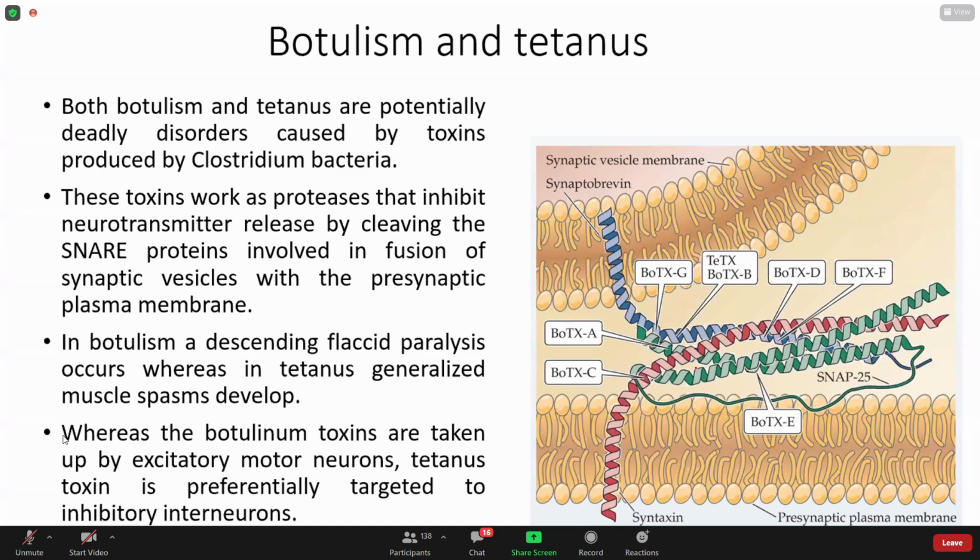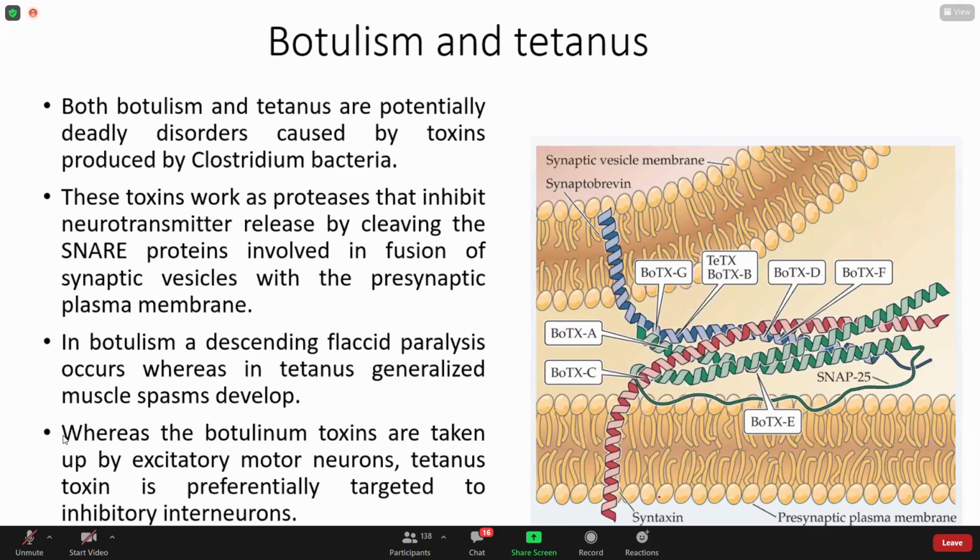Now, in botulism we have a flaccid paralysis, right? Whereas in tetanus, what do we have? Spasm. Why is there a difference here, although the mechanism is the same? The reason it's flaccid in botulism is that the toxins target the excitatory motor neurons.